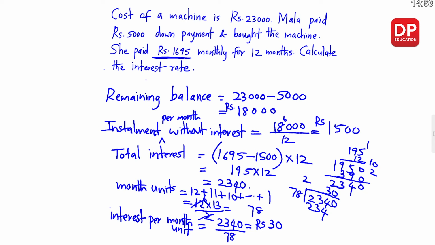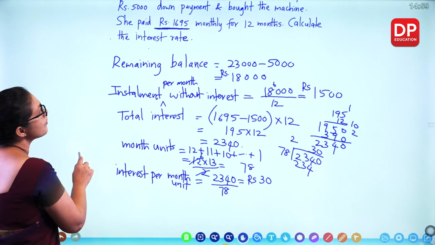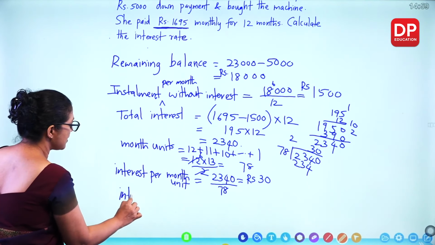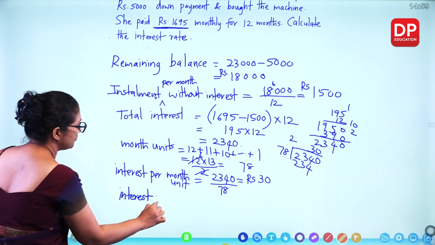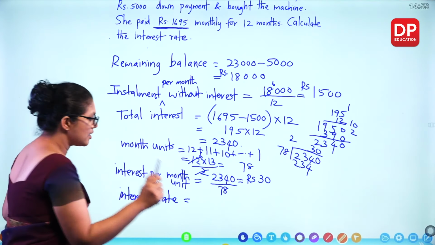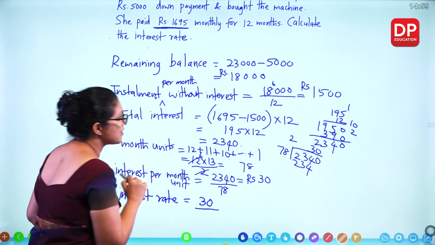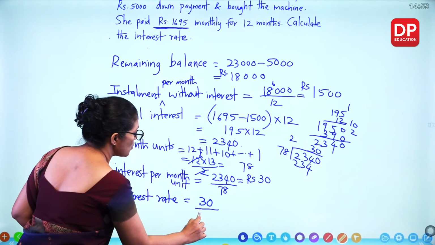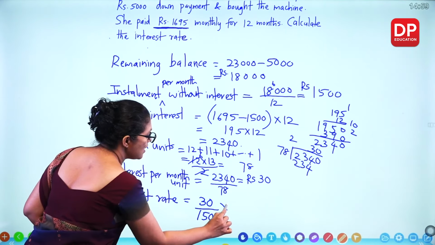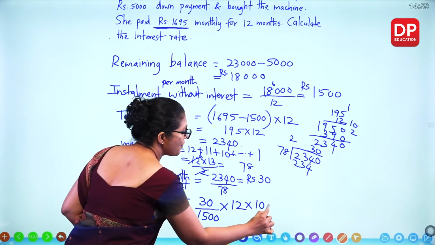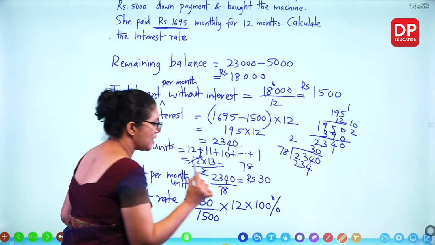Now we can find out the interest rate. So what's the interest rate? For a month unit, you have to pay 30 rupees. So what's the installment without interest? 1,500 into 12 into 100%. So why are we multiplying this by 12?